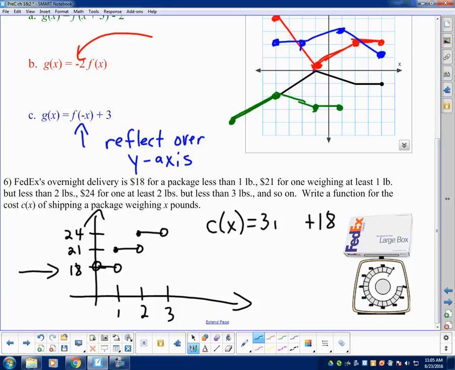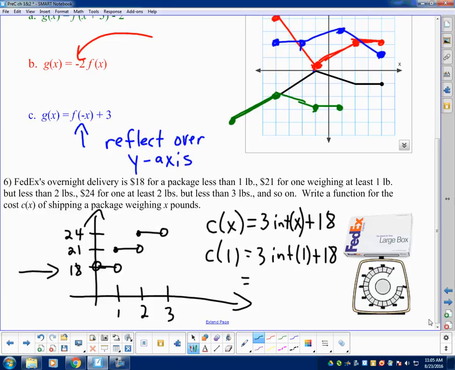times int x. And this is one of those ones where it'd probably be a good idea to test it here on our calculator. So if we plug in, say, 1, finding C of 1 would be 3 times int 1 plus 18. We know that int of 1 is going to give me the value 1.